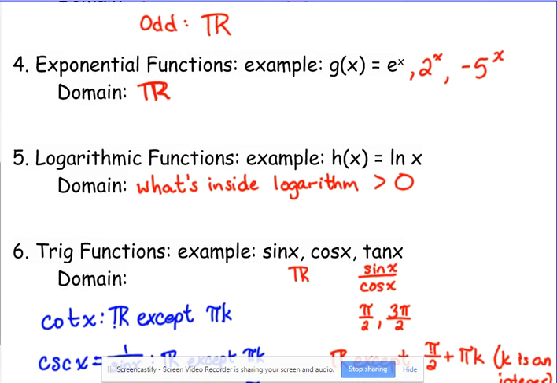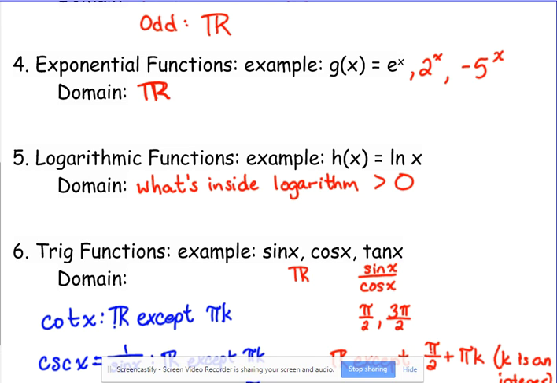Logarithmic functions, on the other hand, if you remember back to dealing with logarithms, you can't take the log of a negative number. So whatever's inside your logarithm, the example that I have here is the natural logarithm of x. x has to be greater than 0. Not equal to, greater than. Can't take the log of 0 either.